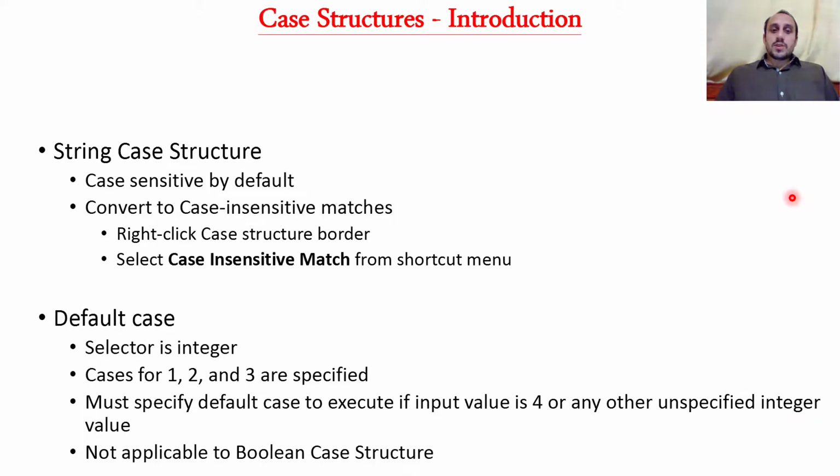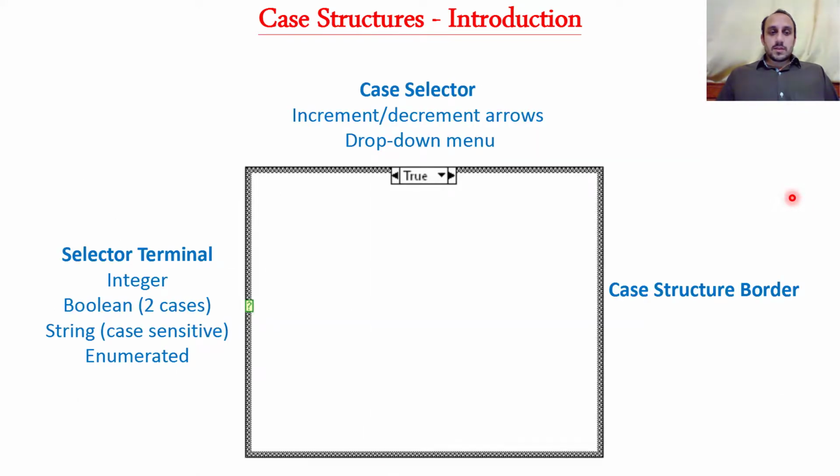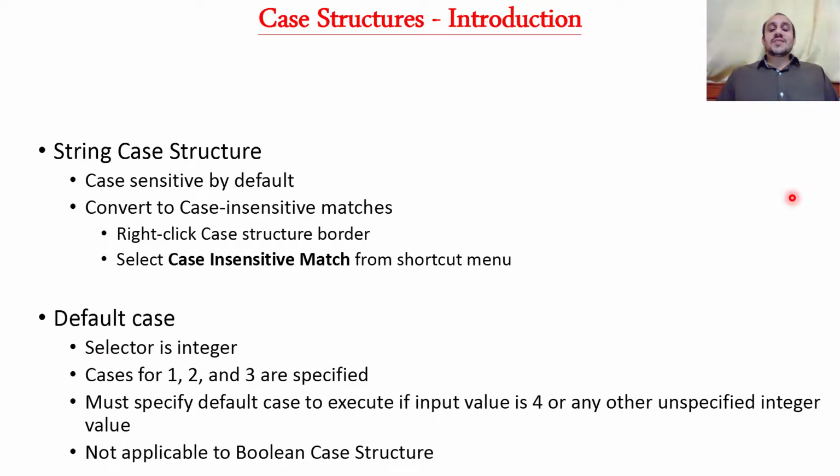Okay, so now we are talking about the string case structure. The string case structure is the one in which the selector terminal is getting the value or the input from a string control. For example, the user can type what he wants to do. If you are controlling the case with the help of the string control, then the input is case sensitive.